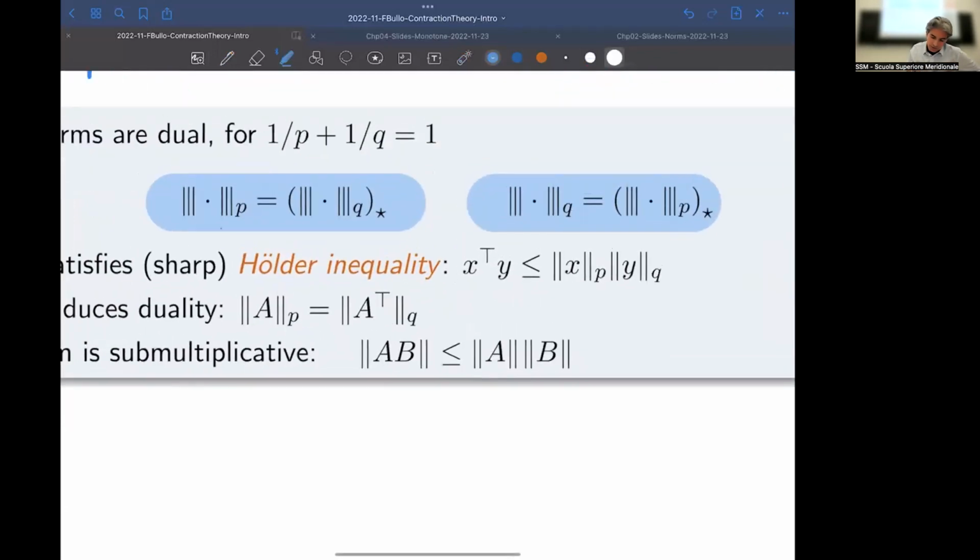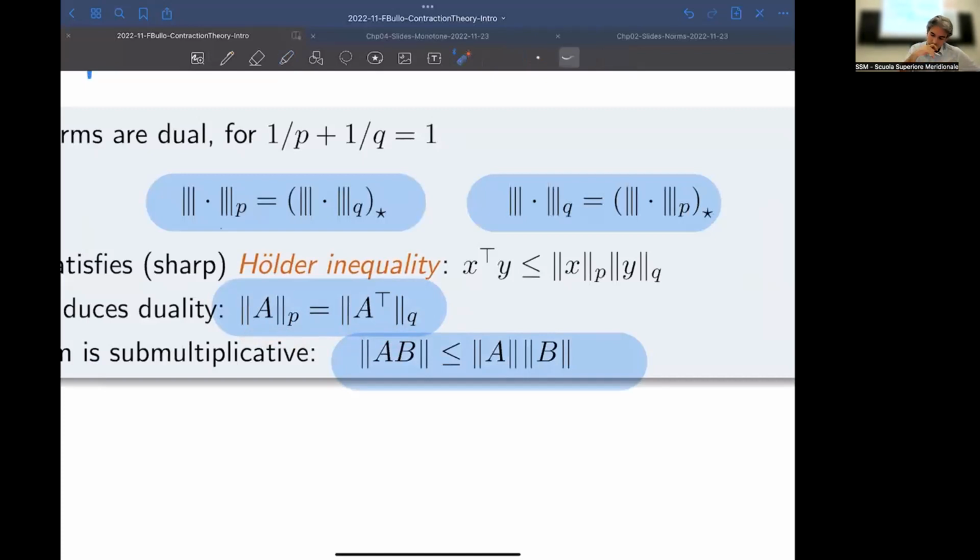What is known is that, okay, every norm is submultiplicative. So if I define induced semi-norms for matrices, I really hope to maintain the submultiplicative property. Here's another thing. Did you know that if you take the transpose of a matrix, the induced matrix measure satisfies this duality? So if you take the P norm of A, this is equal to the Q norm of A transpose. So if you take the transpose of the matrix, you go to the dual norm and you get equality.